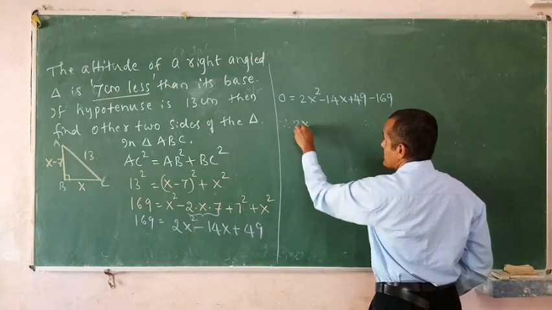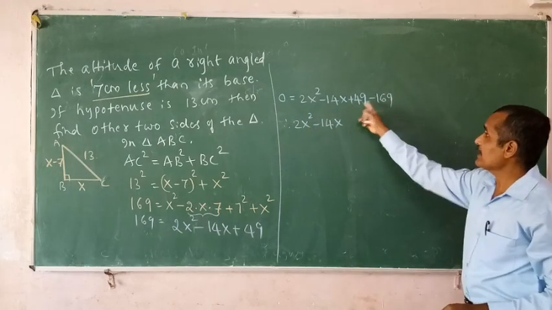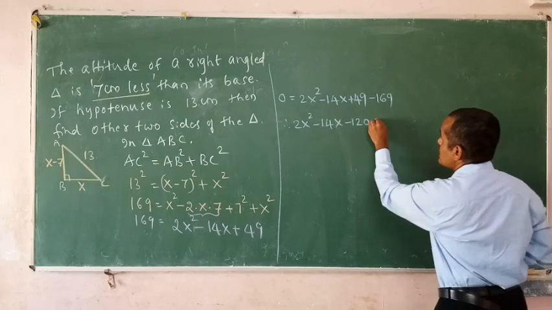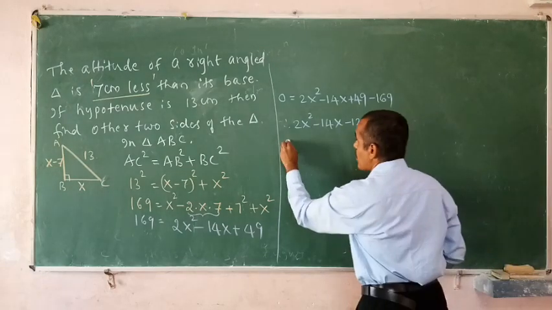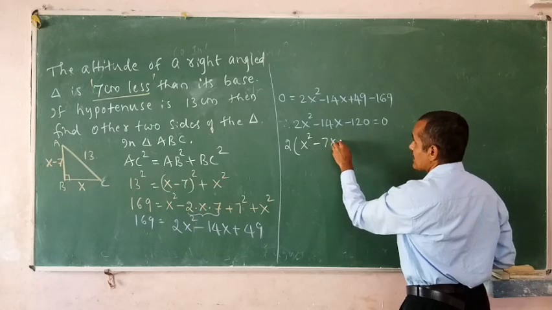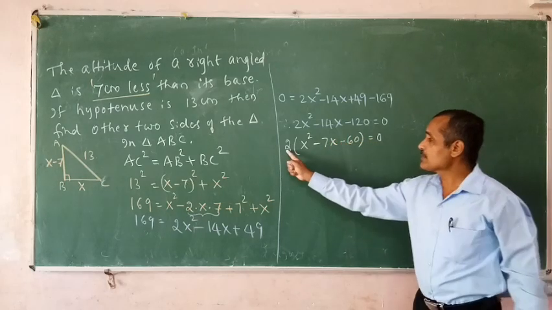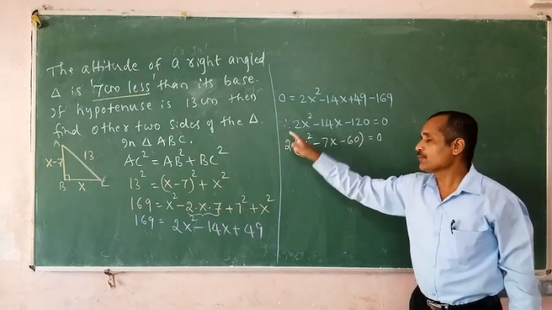Therefore, 2x square minus 14x, if you simplify this, will be minus 120 is equals to 0. I can take 2 as a common. x square minus 7x minus 60 is equals to 0. This 2 will go to the denominator of RHS, 0 by 2, so this 2 will go.